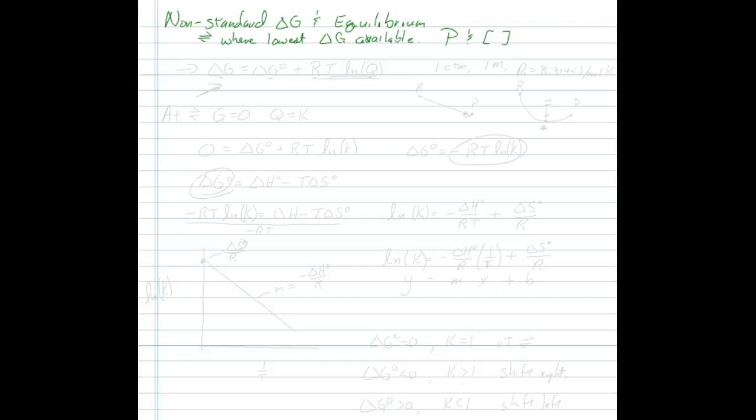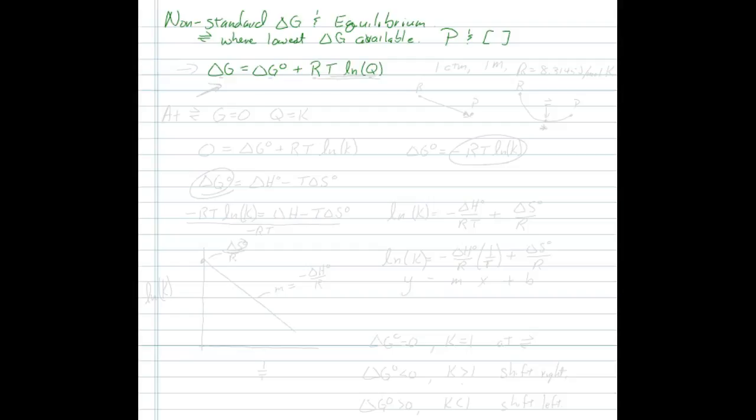It's in the book. Delta G for non-standard conditions is equal to delta G naught, which is standard conditions, plus RT natural log of Q.